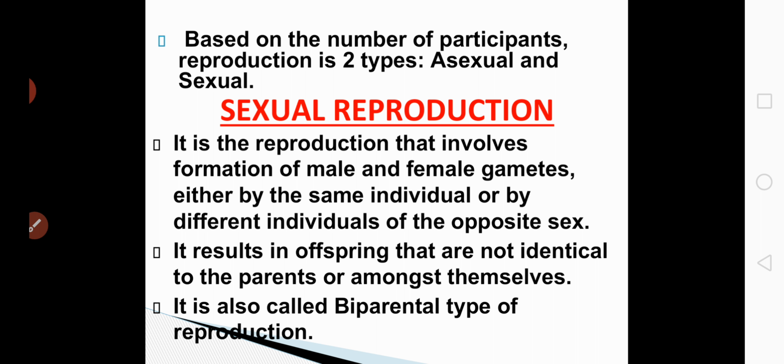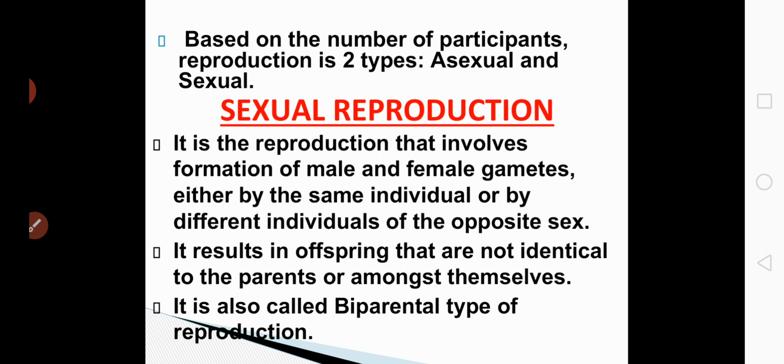So, in asexual reproduction, what happens is it involves only one parent, right? So all the offsprings are identical to the parent as well as amongst themselves. They are identical to the parent and identical to each other.